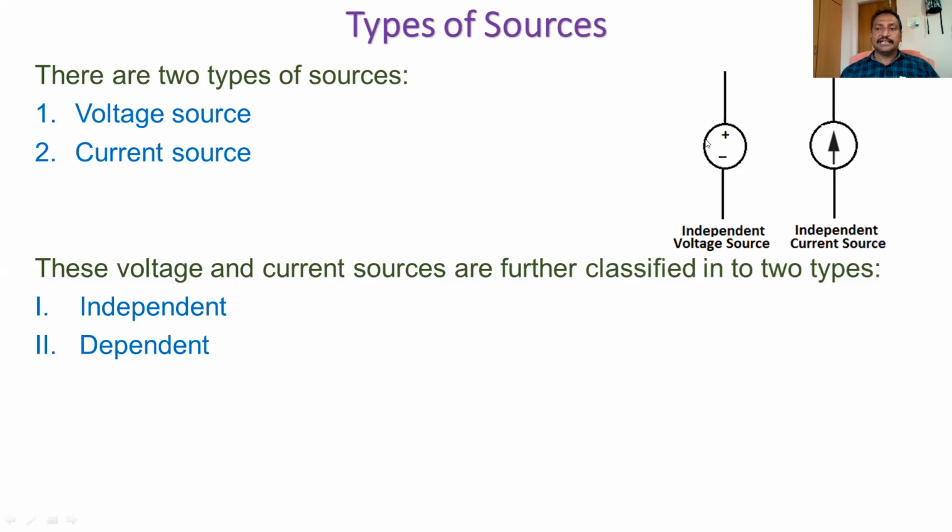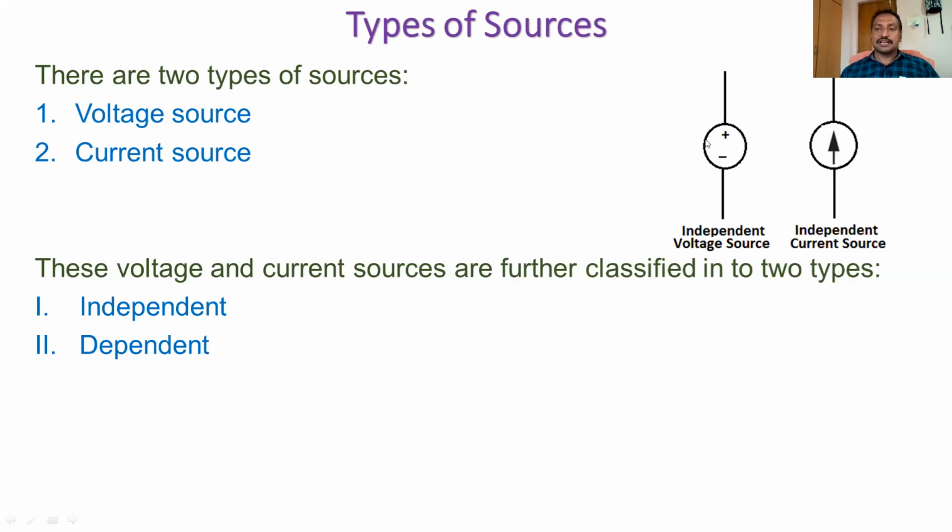In that kit, we connect a dependent source. If there is any change in the thyristor current, the magnitude of the voltage source also changes as per the requirement of the change in the thyristor current. Meaning it does not give a constant magnitude; it depends on the change in the electrical parameters in the circuit. So it is called a dependent source.